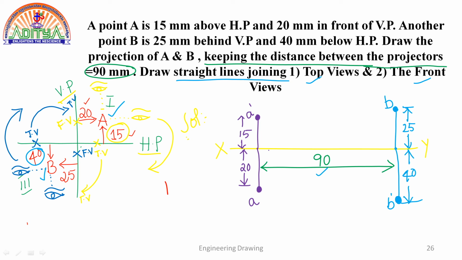So I am joining here TV a, b; TV means top view, FV means front view, a dash, b dash. Now I am going to join top views a and b with the help of a scale. I have joined ab.